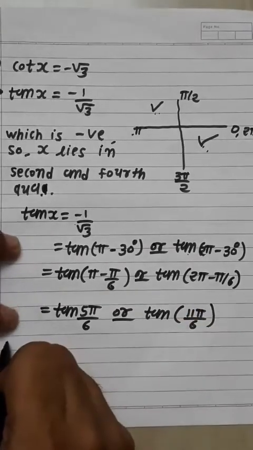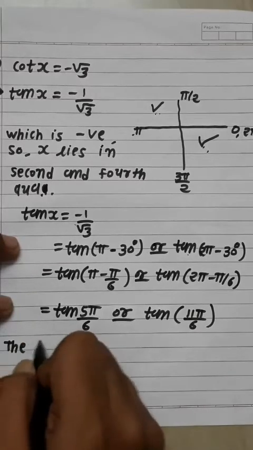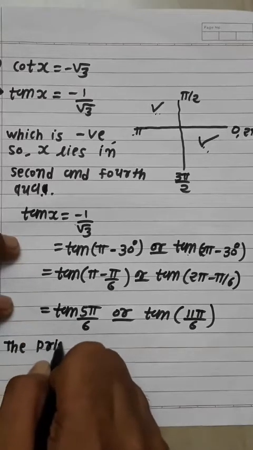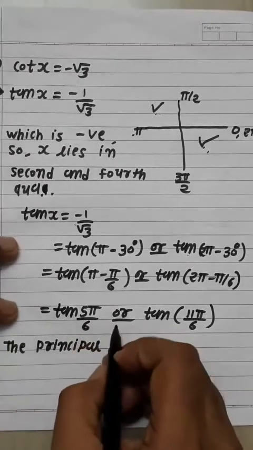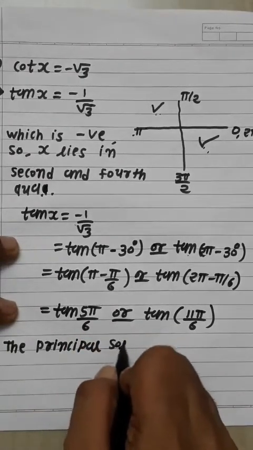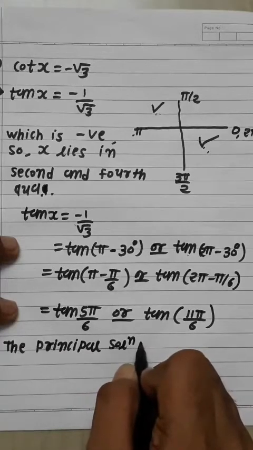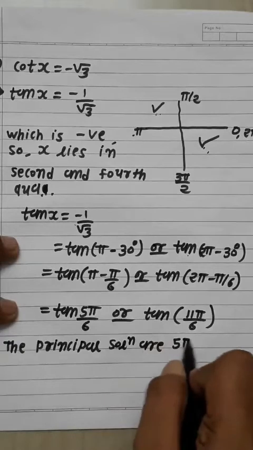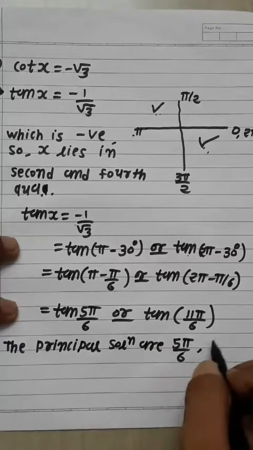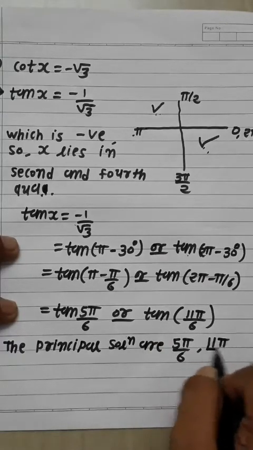So the principal values, otherwise principal solutions, are 5 pi by 6, 11 pi by 6.